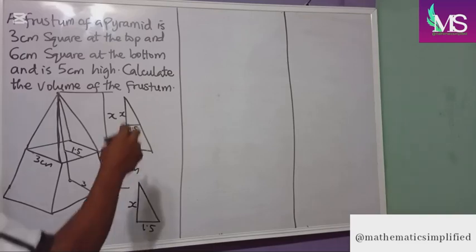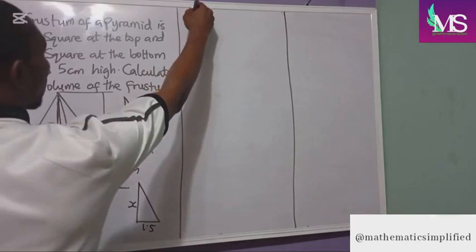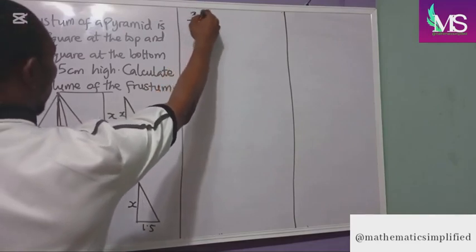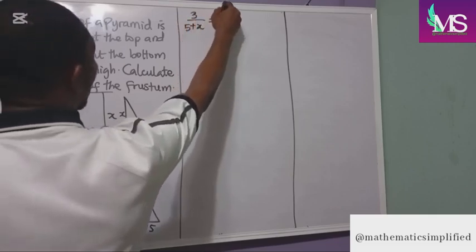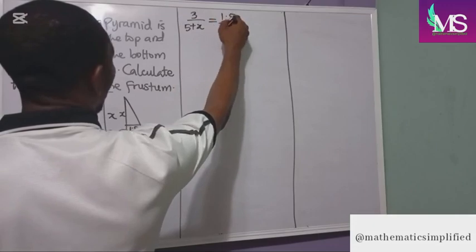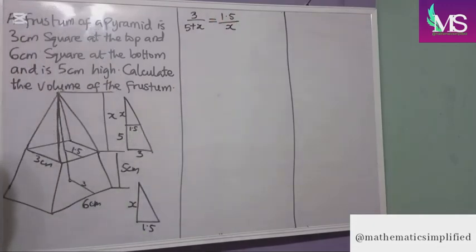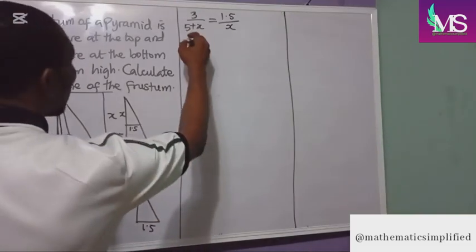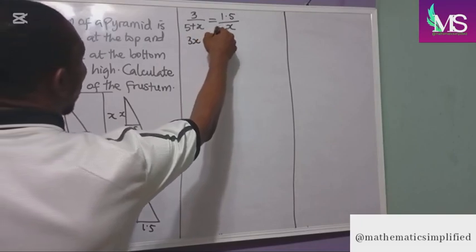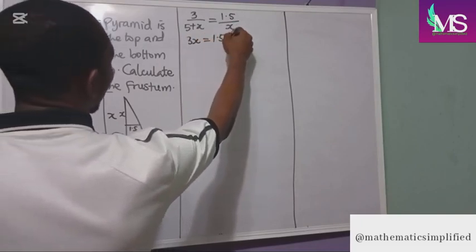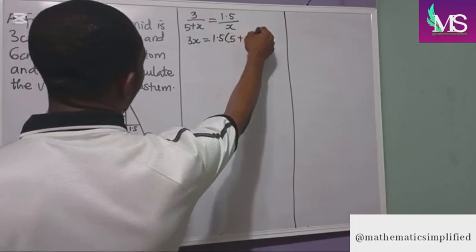Now, for us to find x, we are going to have it as 3 all over 5 plus x equals to 1.5 all over x. Okay, let's cross multiply. This becomes 3x equals 1.5 bracket 5 plus x.